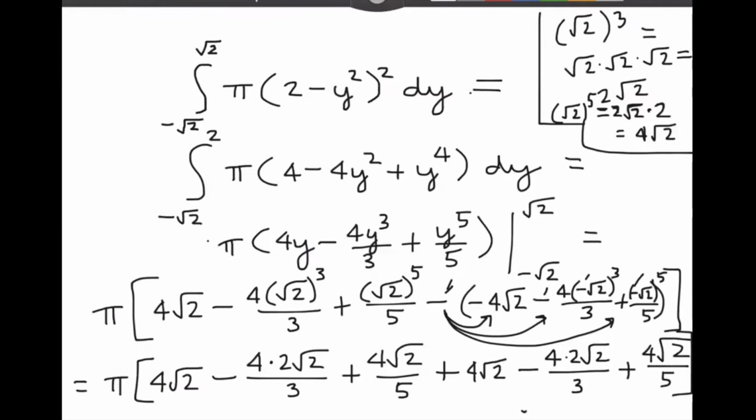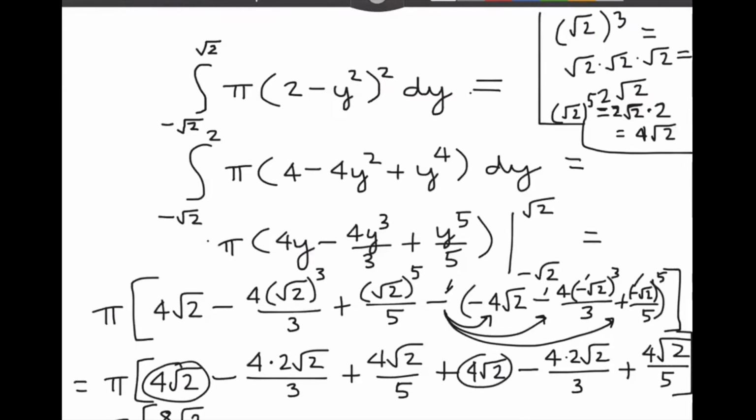Okay, so now we have some fractions to get together. And let's see if we can knock this out in the little bit of space I have left. I have a 4 root 2 and a 4 root 2, which becomes 8 root 2.